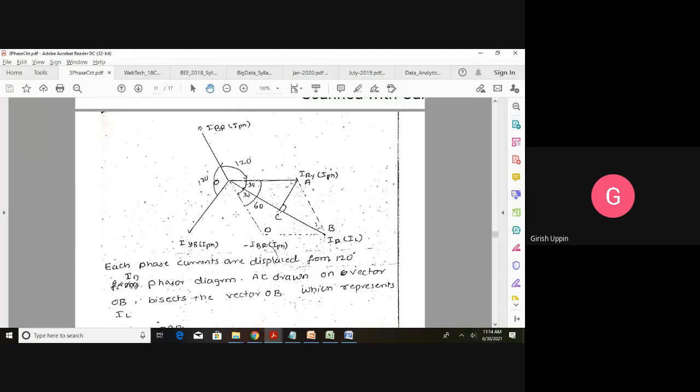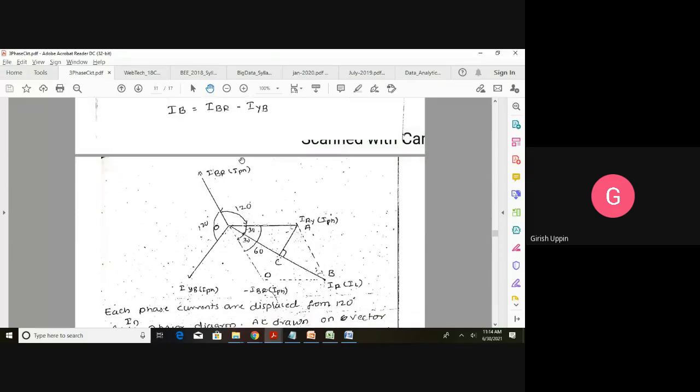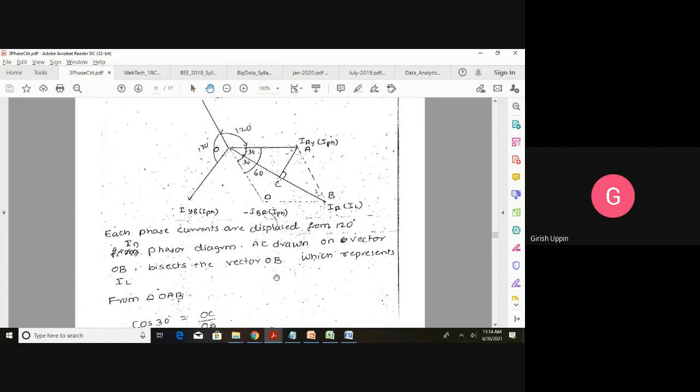Now, from the above equation, if I want to find IR, the line current, it is the phasor sum of IRY minus IBR. So I will take this as IRY and this as IBR. If I take it in the opposite direction, minus IBR. Now the phasor sum of IRY and minus IBR is nothing but IR, which is the line current.